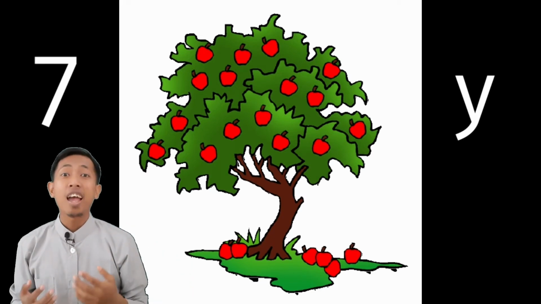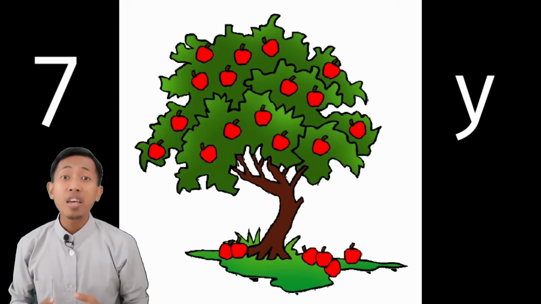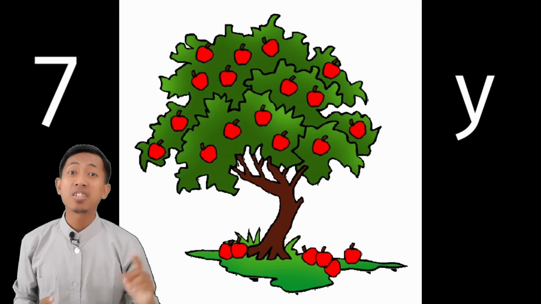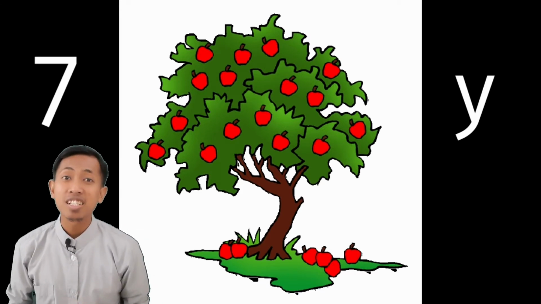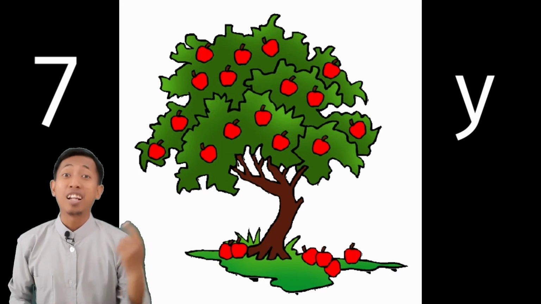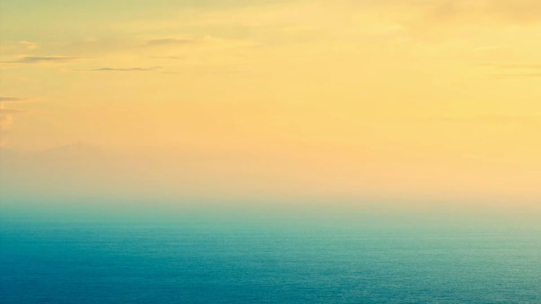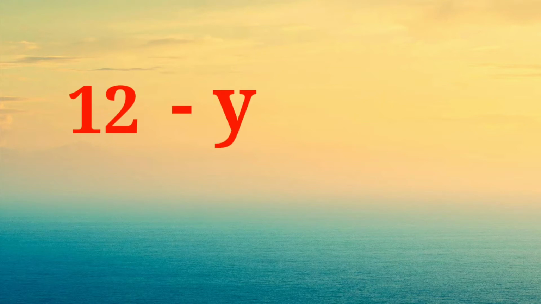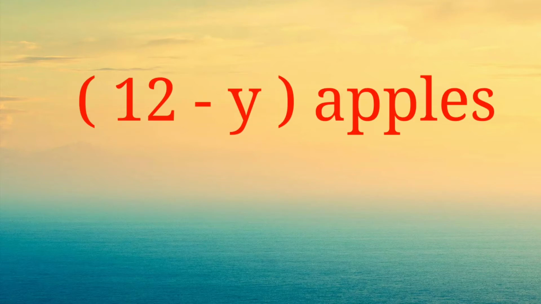How many apples does Andika have left if he gave y apples to Peter? Can you answer the question? Okay, let me show you how to answer it. Andika had 12 apples at first, and then he gave y apples to Peter. So, the answer is 12 minus y apples.